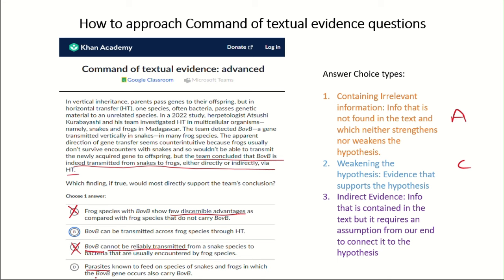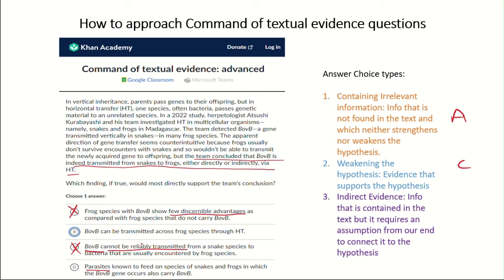So parasites could be the medium through which BOVB is transmitted from snakes to frogs, right? But let's hold on. What does option B say again? BOVB can be transmitted across the frog species through HT. So this one is kind of partially strengthening the claim.